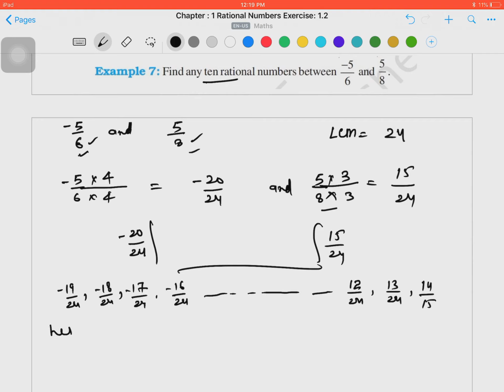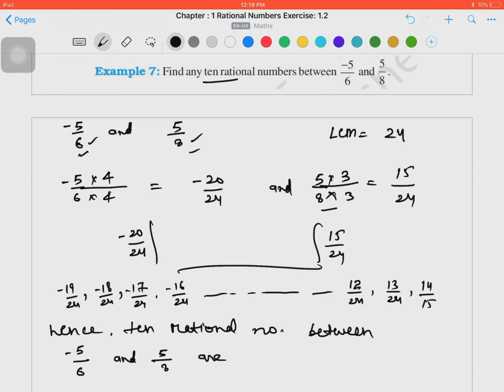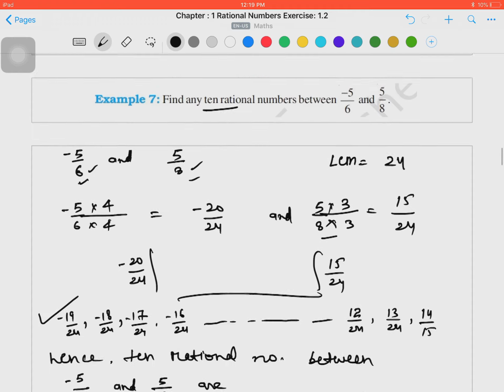So hence, the 10 rational numbers between the given numbers minus 5 by 6 and 5 by 8 are: you can write any 10 numbers from these numbers. That will be your answer. I hope it's clear to you now how we can find the rational numbers between any given rational numbers.